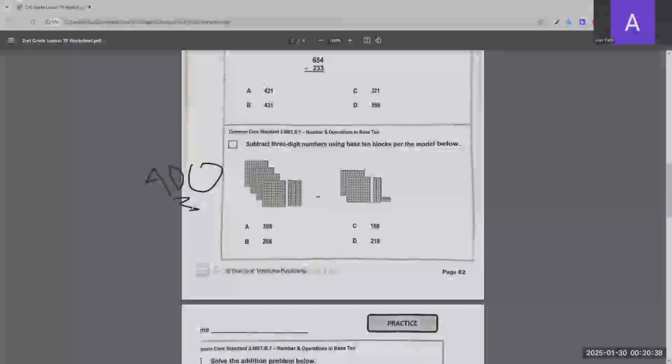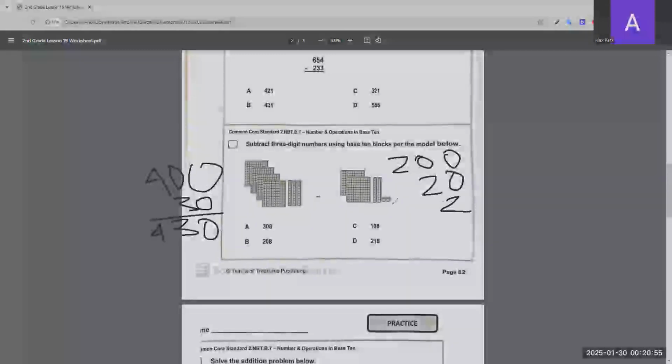So this number in total, if you add the 400 plus 30, that would be 430. Next, we have 2 hundreds, 2 of the strips of 10, which is 20, and then 2 ones. So then this on the right would be 222.